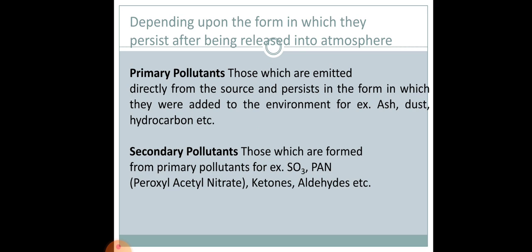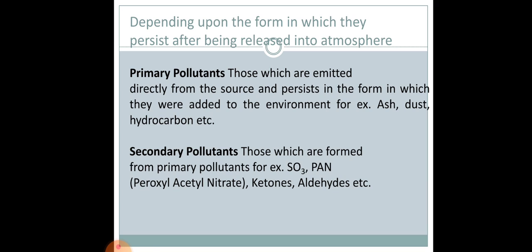Now depending upon the form in which they persist after being released into the atmosphere, we can classify them into two types, that is primary pollutants and secondary pollutants. Primary pollutants are those that are emitted directly from the source and persist in the form in which they were added to the environment. So there will be no change in that.